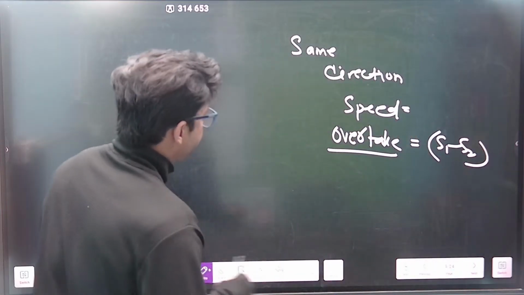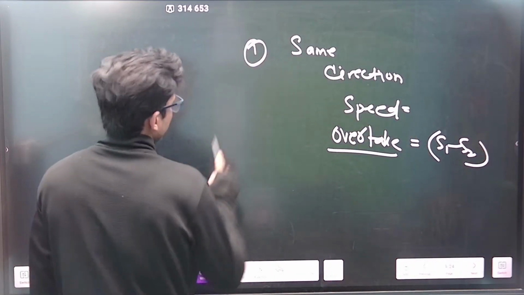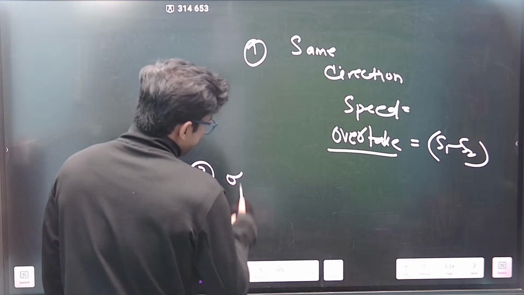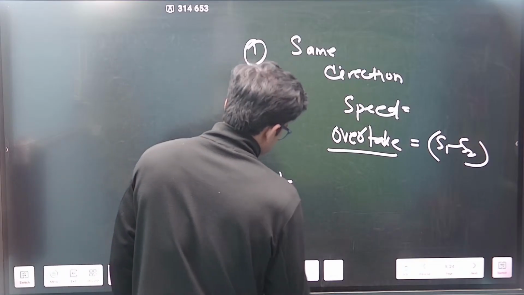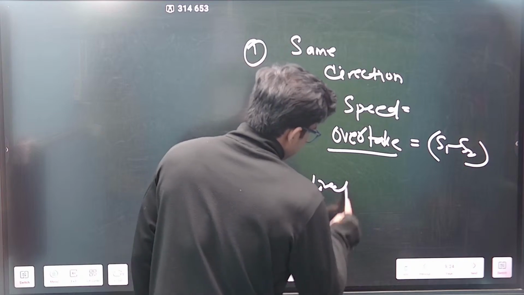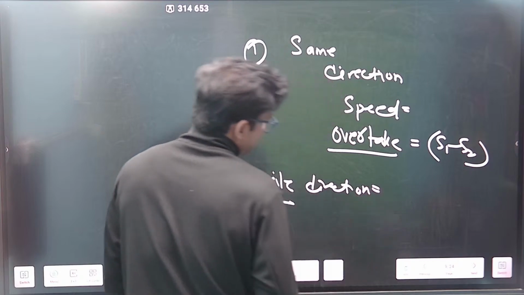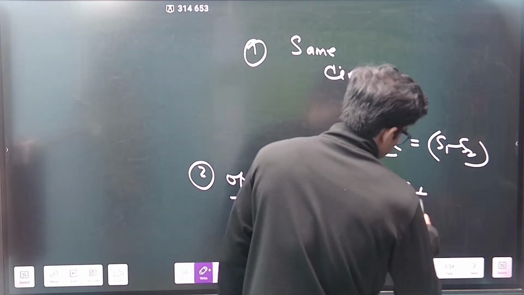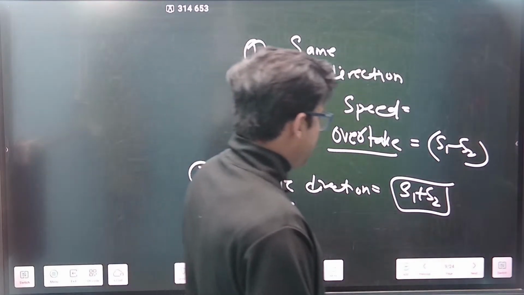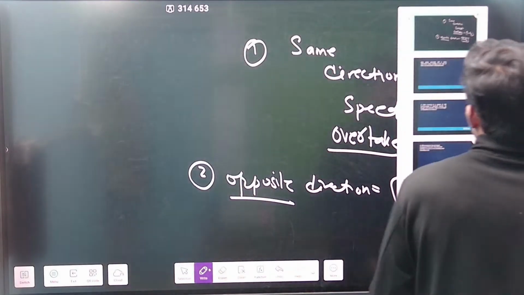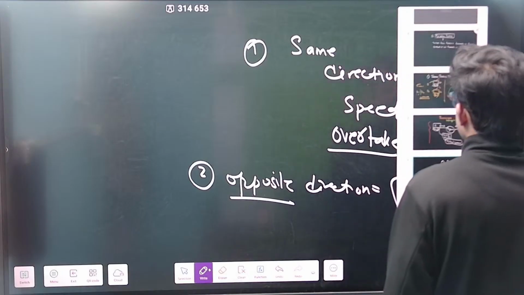First point, okay? Second point. Now in opposite direction, always remember your speed gets added up. The speed will be the sum, S1 plus S2. Correct?